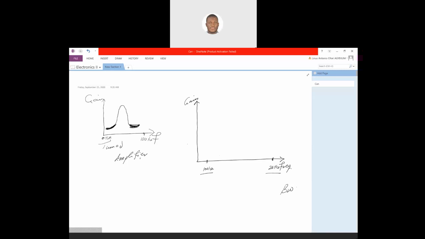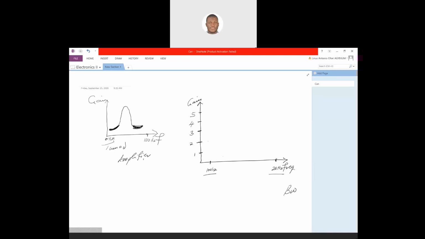Now, assuming we have some gain, let's say the gain here is 1, the gain here is 2, the gain here is 3, and the gain here is 4, we have 5, okay? For wideband frequencies, if the gain rose from 2 to 3, once it gets to 3, it stays constant at 3 for a wide range of frequencies before it falls back down.